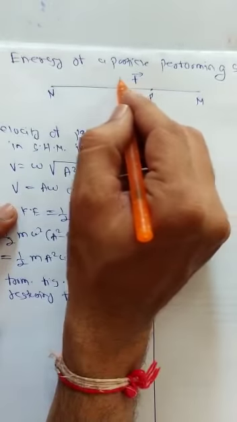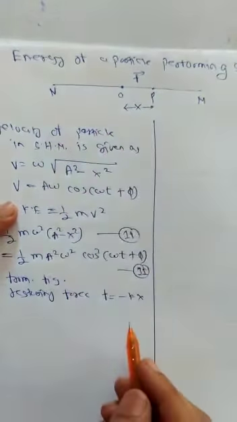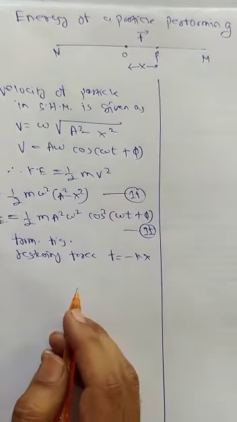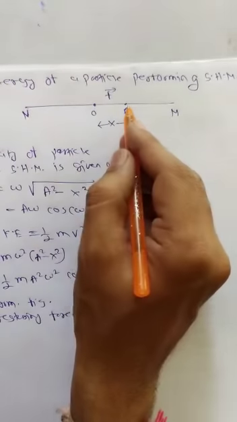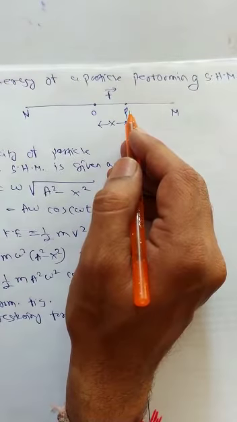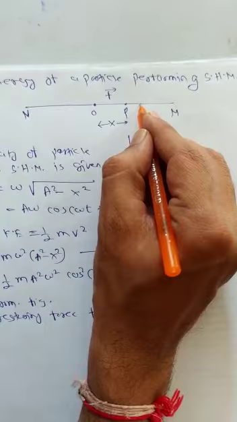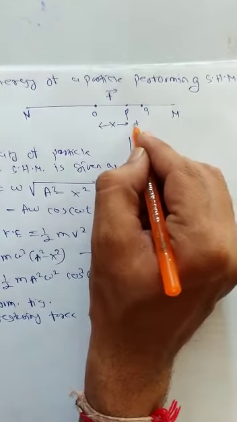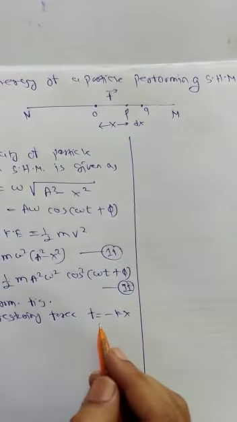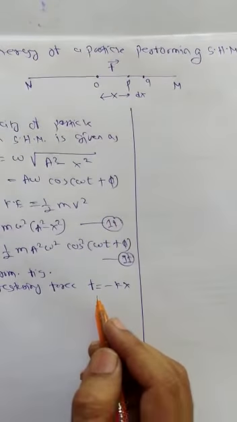Suppose the particle is displaced by an infinitesimal displacement dx. If you move the particle to this point, point Q, and this small displacement is dx, then work must be done.